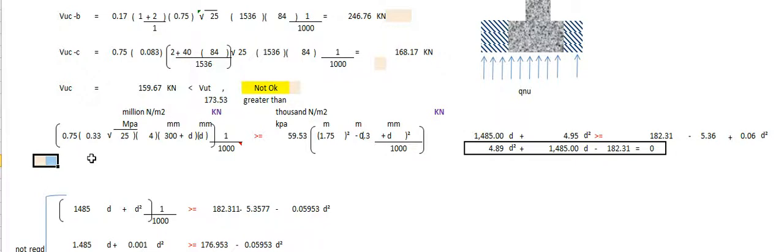If not okay, we will use the equation punching shear capacity Vuc equal to or greater than Vu actual. By substitution, Vuc equals 0.75 times 0.33 times square root 25 times 4 times 300 times depth divided by 1000 to convert to kilonewton, equal to or greater than Vu 59.53 times width of footing 1.75 square minus 0.3 width of column plus D square, divided by 1000 to convert D to meter.